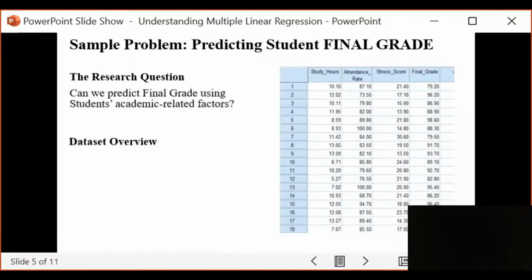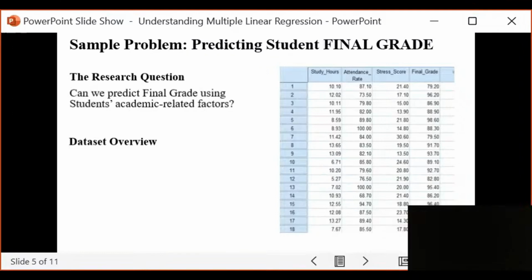Just like in an actual thesis or research, we need research questions, or we can also call it the statement of the problem. So here, there are three independent variables and one dependent variable, which is the final grade. We start with the question: can we predict final grade using students' academic related factors?